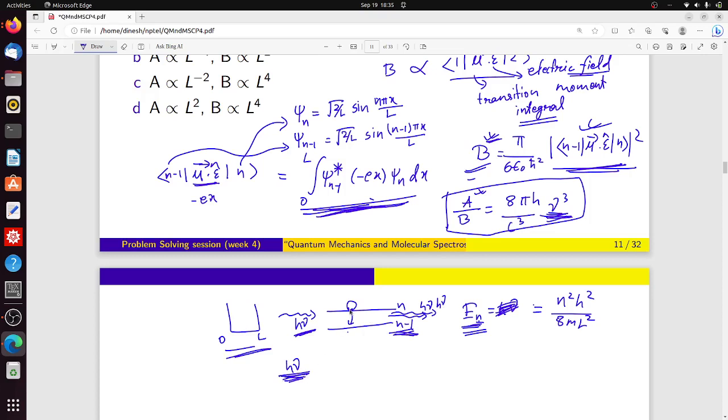So this should be equal to the energy difference, right? This is En, this is En minus 1. So h nu should be En minus En minus 1, right? From this I will get h nu. If I get h nu, from that I will get nu also, En minus En minus 1 by h, right?